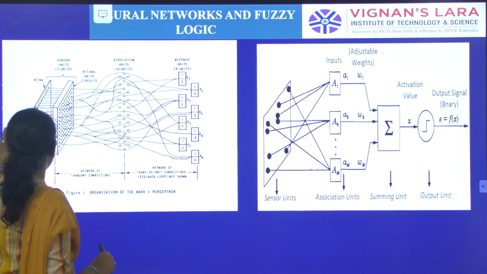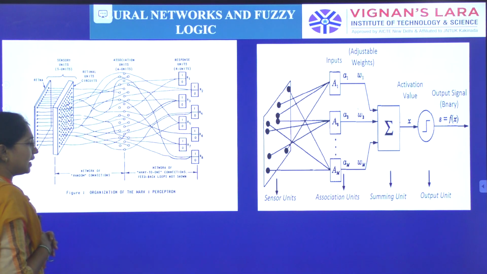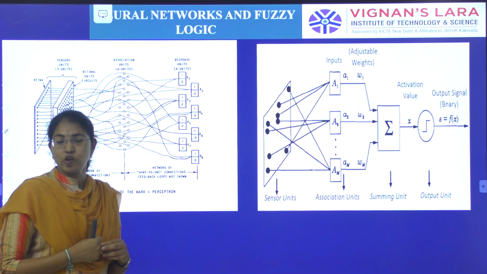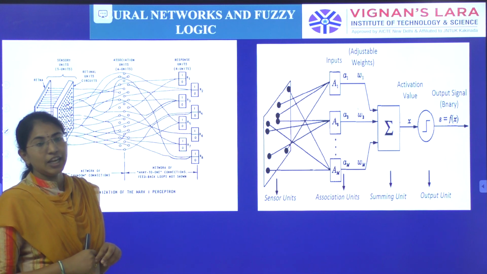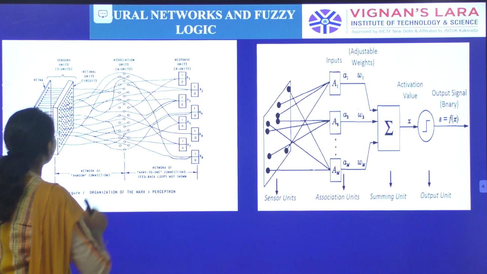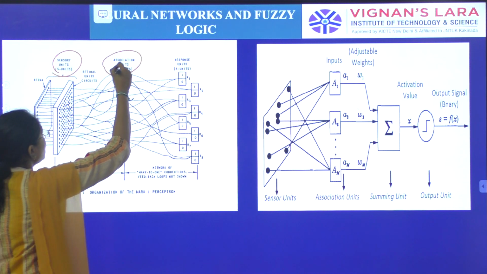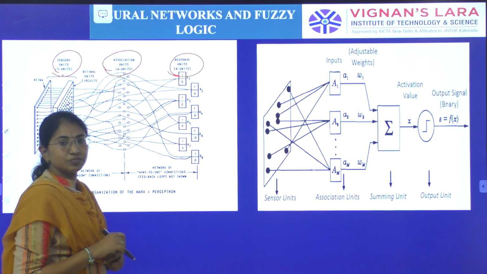So let us take an overview. The perceptron neural network basically consists of 3 units before performing the normal operation, and the 3 units are sensory units, association units, and response units.